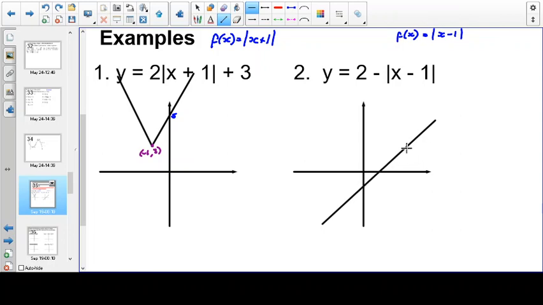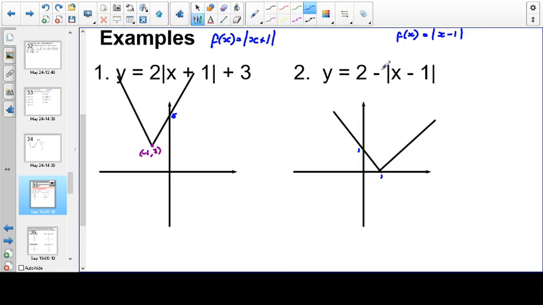But again, once it hits the x-axis, everything below the x-axis then gets reflected. So if this point here is minus 1, then that point there is 1. And that point there is 1, because when y is 0, x is 1. Okay, so that looks like that.